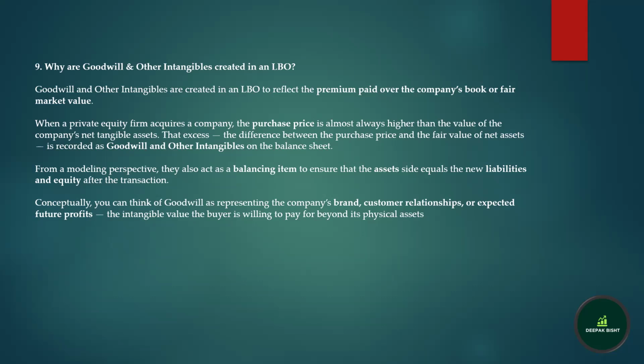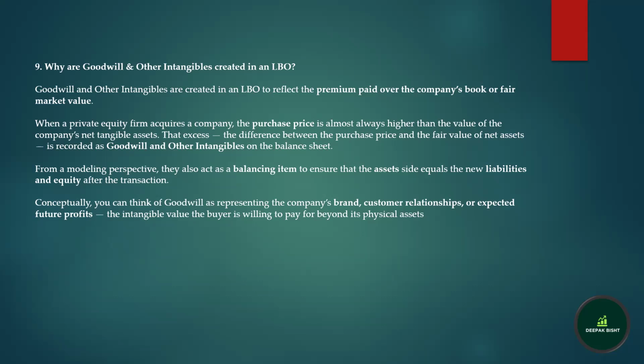In an LBO model, goodwill and intangibles also serve a practical purpose: they ensure the balance sheet balances. Once you add new debt and replace old equity with sponsor equity, the liabilities and equity side changes dramatically. Goodwill and intangibles plug the difference so that assets equal liabilities plus equity after the transaction closes.